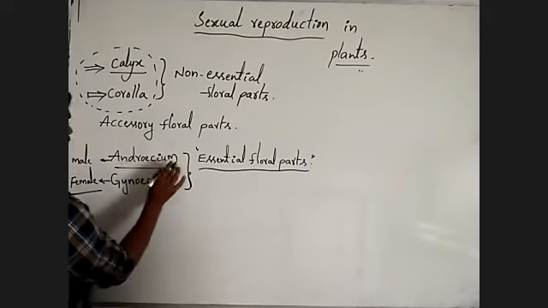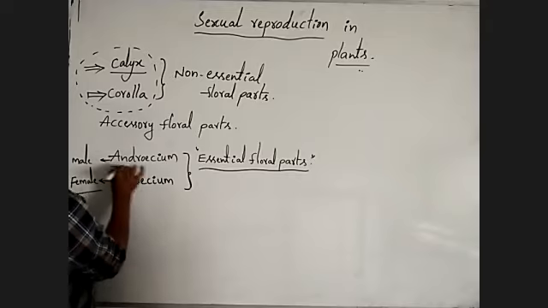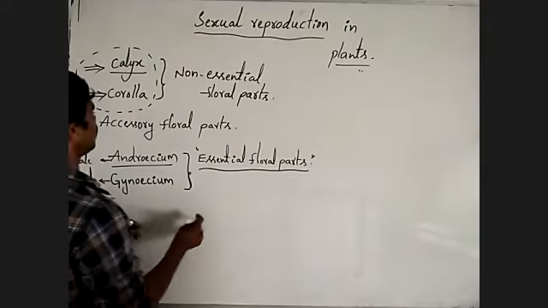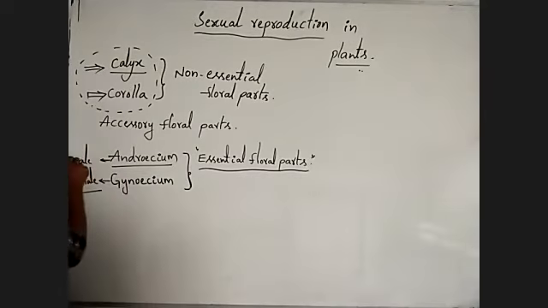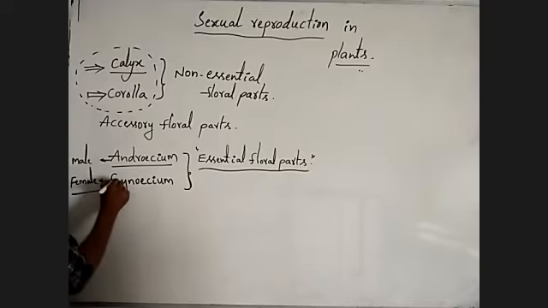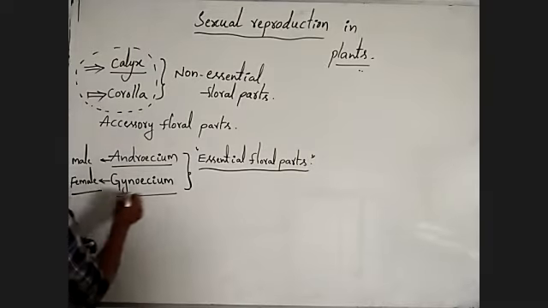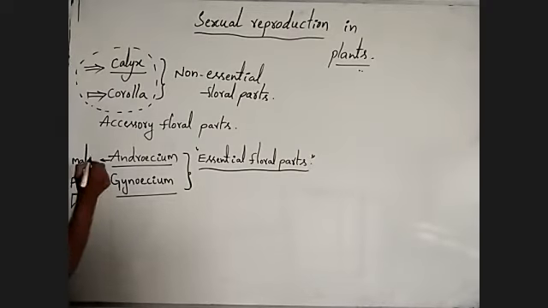Androecium is the male pod. Gynoecium is the female pod. Are you understanding?